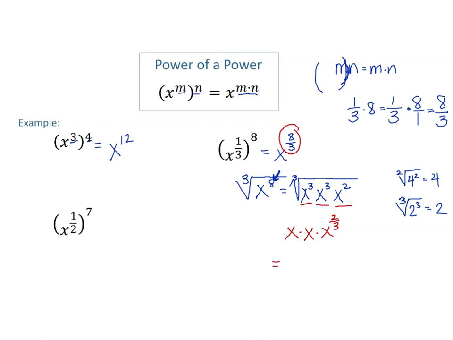If I wanted to write this in radical form, x times x is x squared, and then x to the 2/3, I could put it back in radical form. It just depends on how you're supposed to write the answer. And it will always tell you whether you're supposed to write it in radical form or exponential form. Now, just to be clear, what we started with up here is fine.